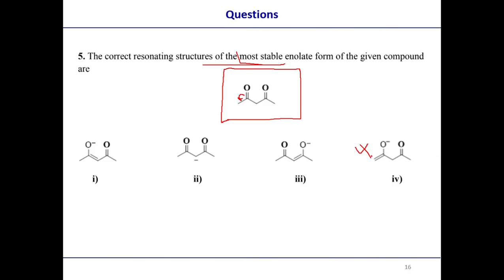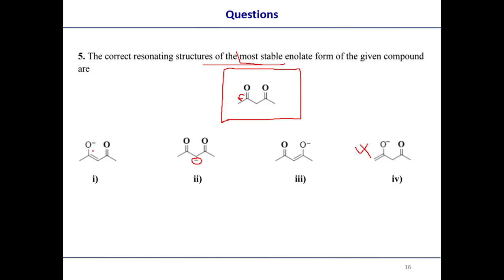Okay. Now the other examples, here only the proton abstraction is showing, negative charge. So this is in conjugation, but not correct like the other structures. Here you can see this is in conjugation, negative charge.